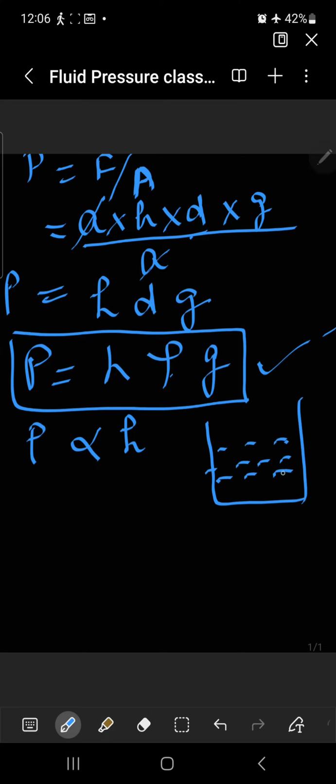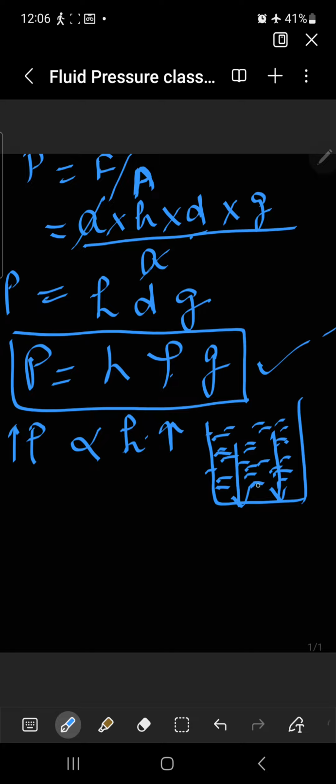If you consider a beaker filled with fluid, this formula indicates that if we increase the height of the fluid, the pressure will also increase. So if we increase the level of the fluid in the beaker, the pressure exerted on the surface will also increase.